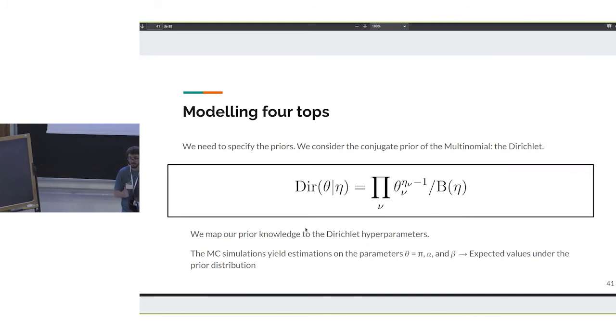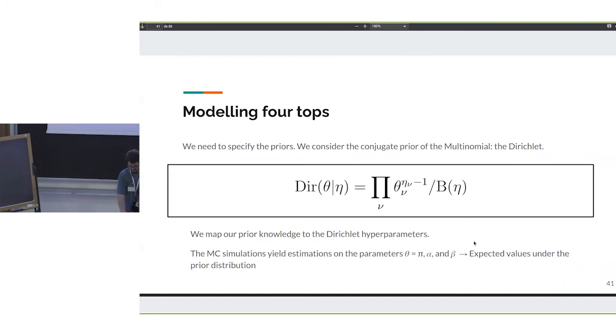We will promote it from the likelihood to the prior. So we will relate the expected values under the prior distribution to the Monte Carlo prediction. We will have our priors be such that the expected values of the relevant parameters are the ones we obtain from the Monte Carlo simulators.